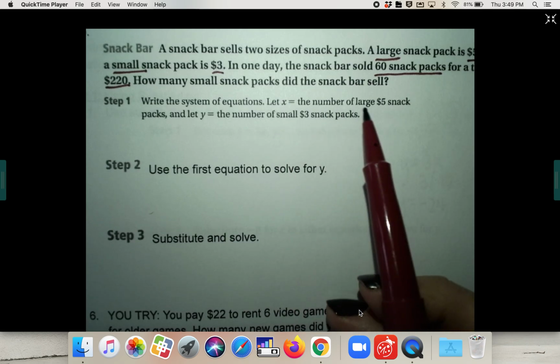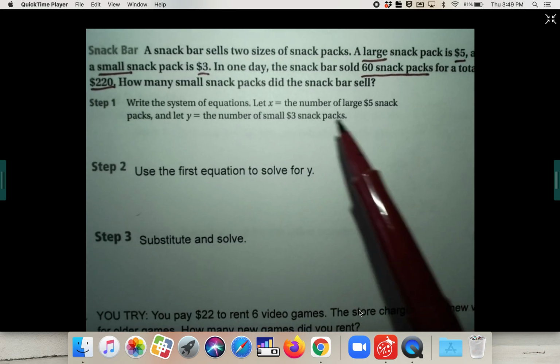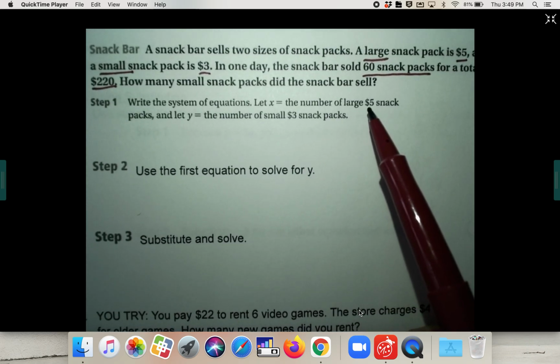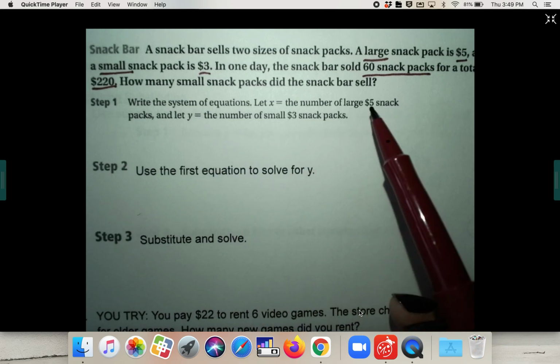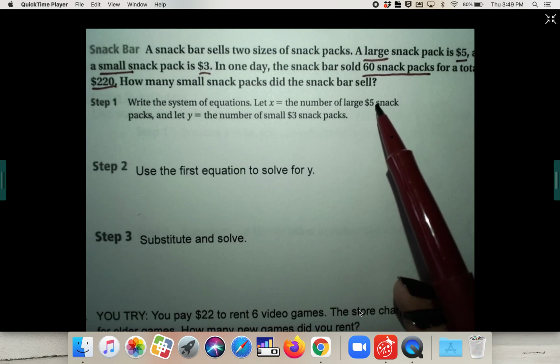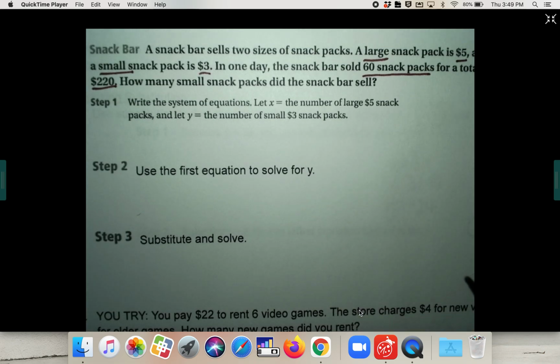Let's let x be the number of large and y be the number of small. So we don't know how many large were sold, that's why it's x. And we don't know how many small were sold, that's why it's y. But we do know how much they cost. So it's 5 times the number of x ones that we sold and 3 times the number of y ones that we sold.